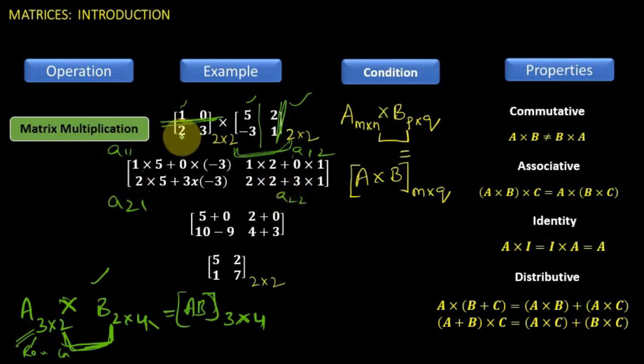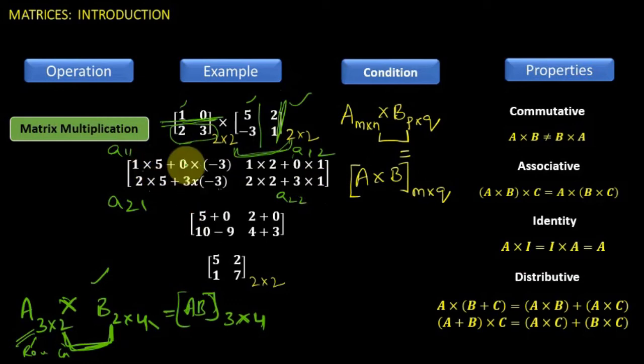Means what? Now I should take the second row's elements multiplied with the first column of the second matrix. Means 2 into 5 plus 3 into minus 3. Right? Then this one, A22, means what? Second row's elements multiplied by the second column of the second matrix, right? 2 twos are 4 plus 3 ones are 3.